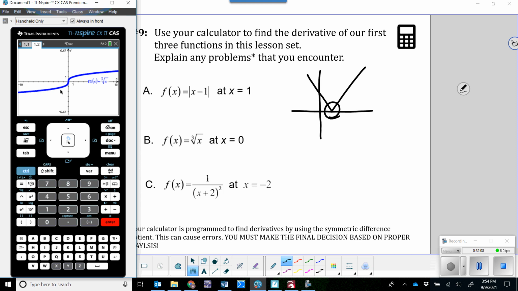Now, the advantage to this is I now see the graph, so I should be able to tell immediately there's not going to be a derivative at 0 because I'm going to have a vertical tangent line. Okay? But the other thing I've just done is I've just stored that function and called it f1. So now I can go back to my calculator page and I can actually tell it to do the derivative of f of 1 at 0.